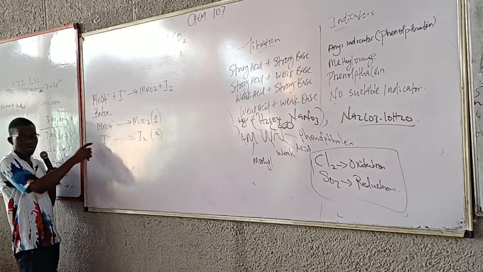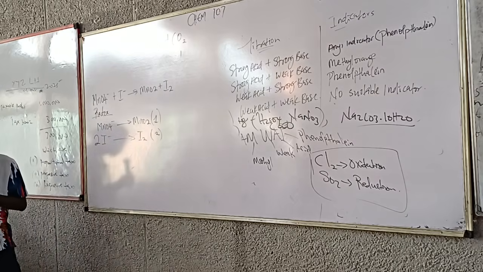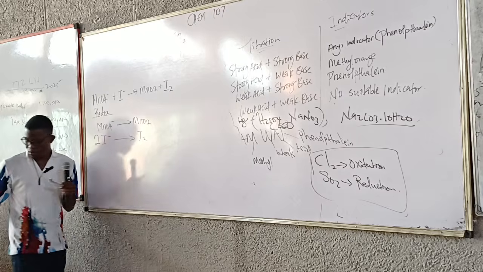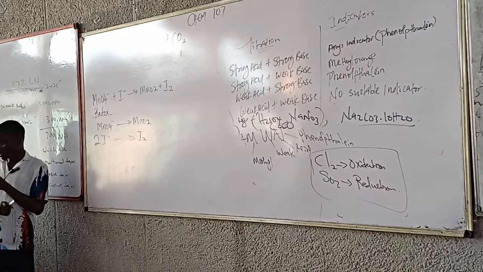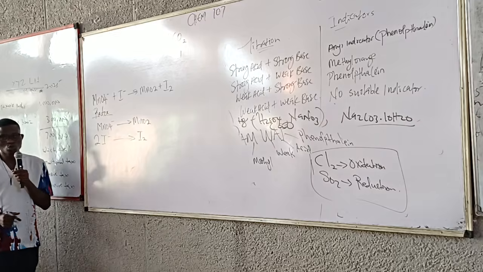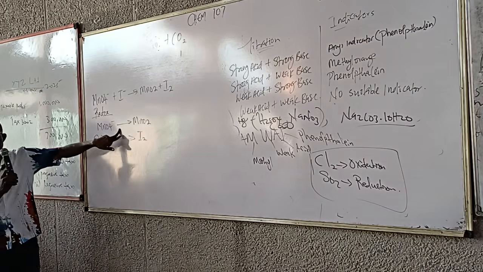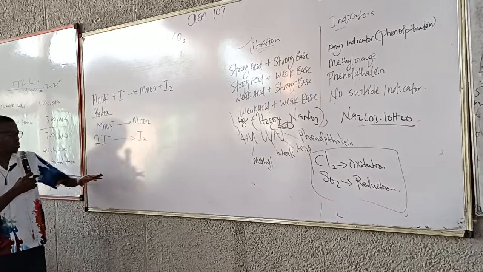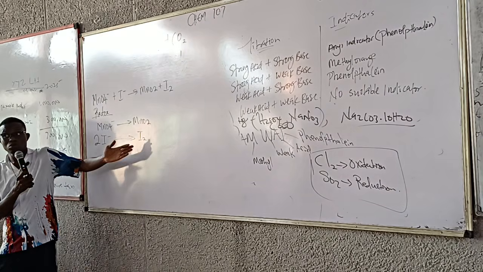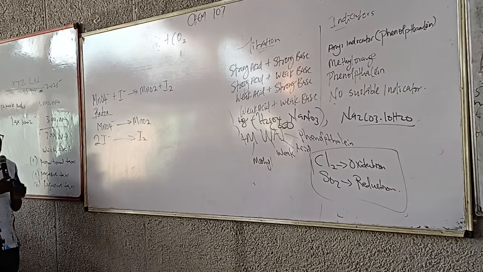So I have 2 here. Do you understand these points? After balancing, I have one permanganate, one permanganate, 2 atoms of iodine, 2 atoms, so it is balanced.